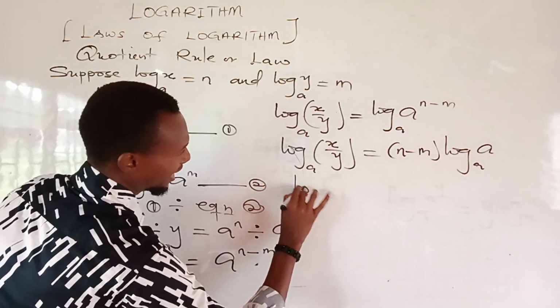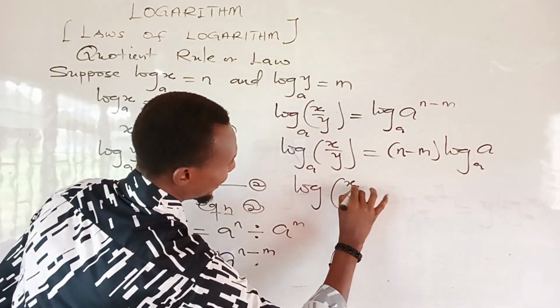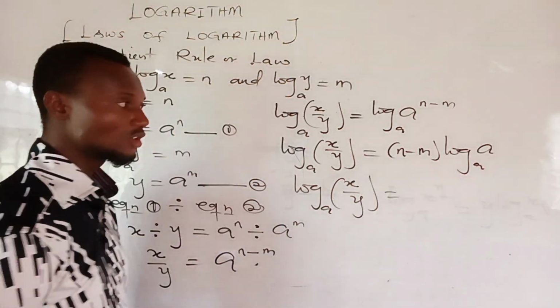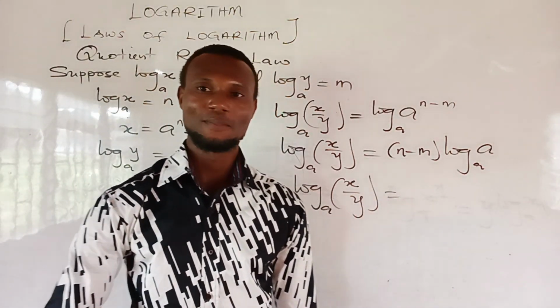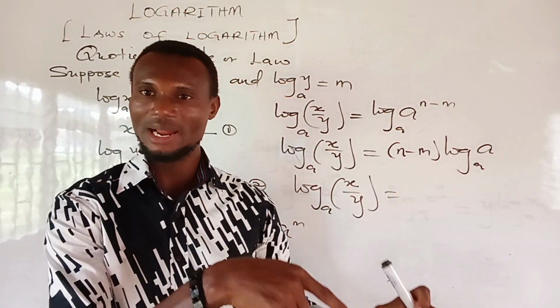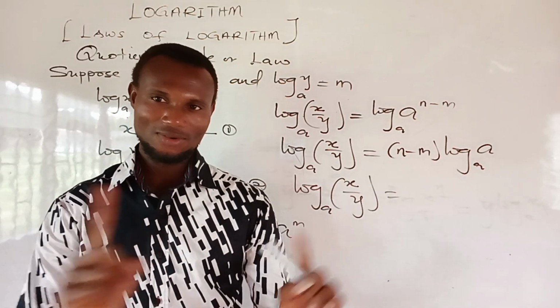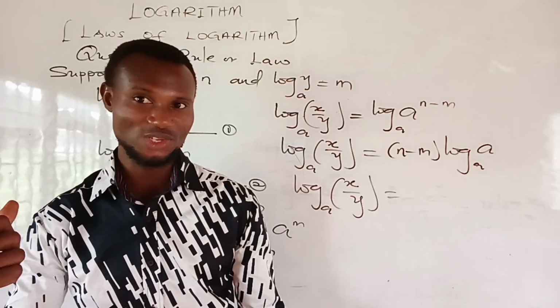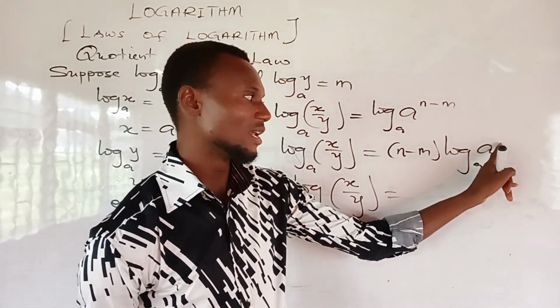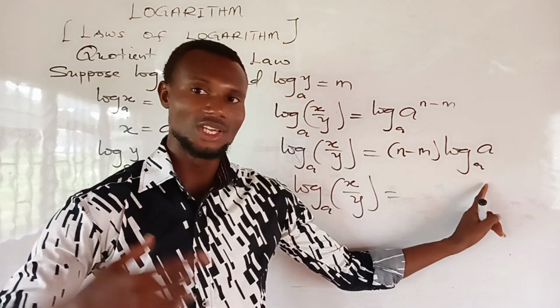So I'm going to repeat my log of s over y to the base a equals. Also, we learned that the log of any number to the base of that same number is always equal to 1. We've learned this in the previous video. We've established that. Okay, so having log a to the base a here, it's going to be 1.